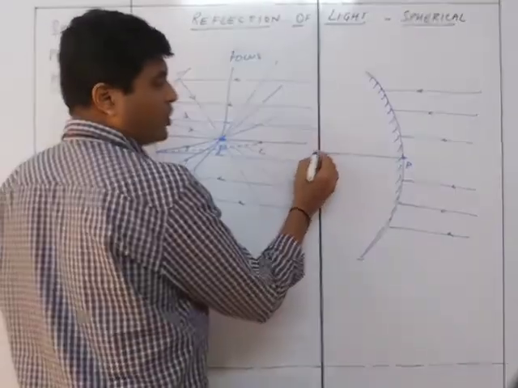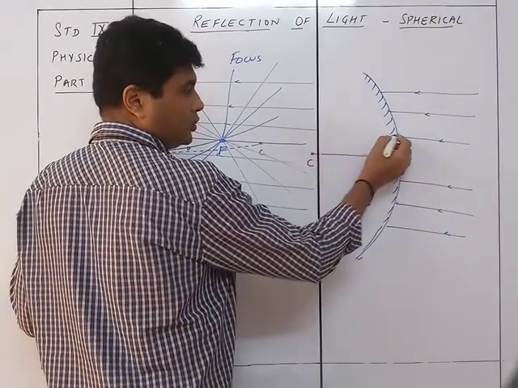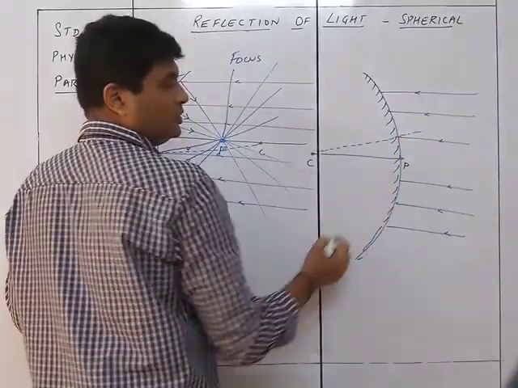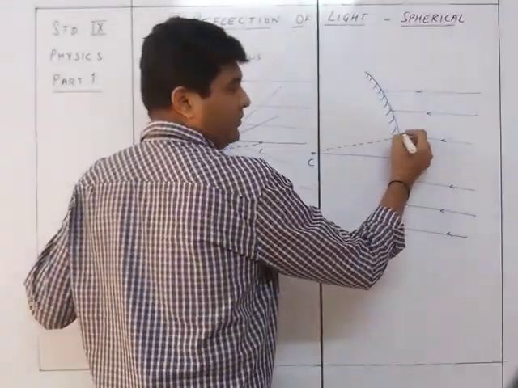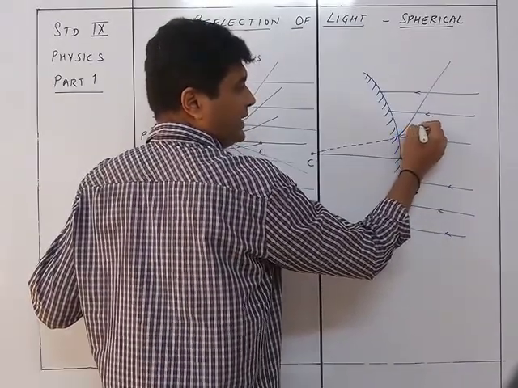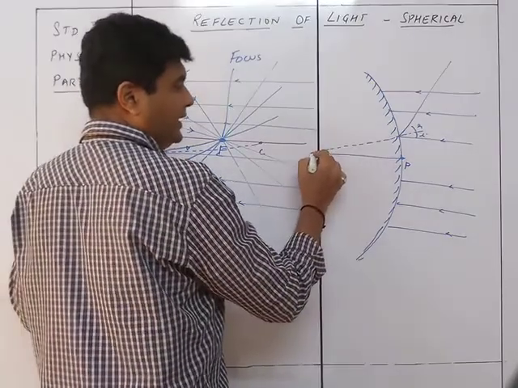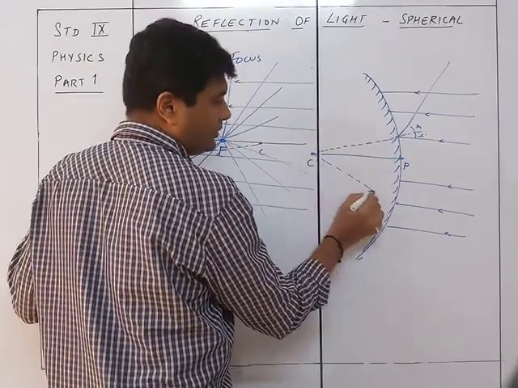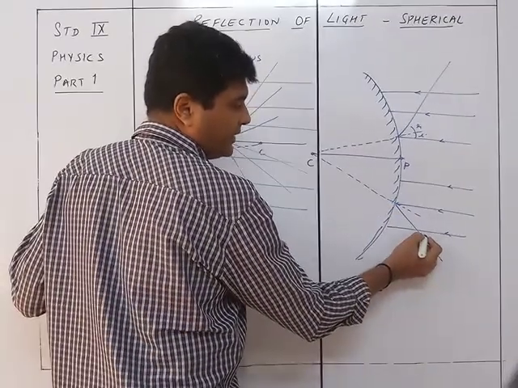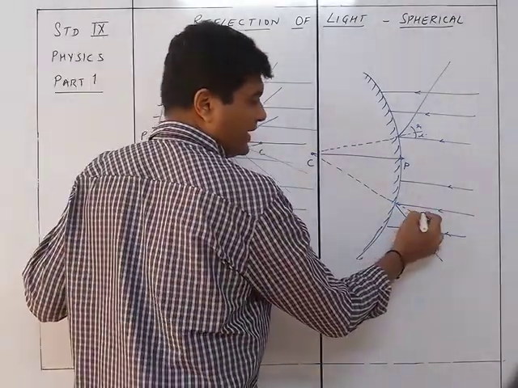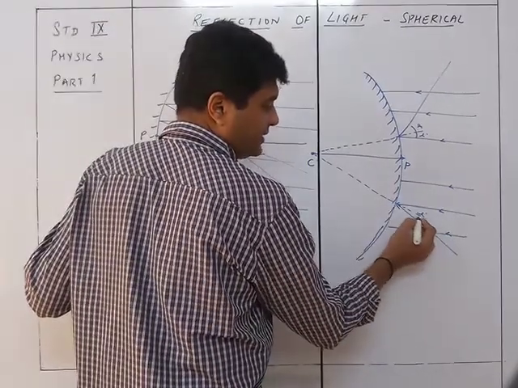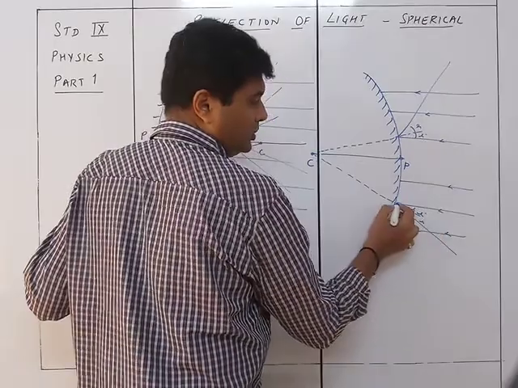So if I draw a normal to this particular point, I know that this incident ray will be reflected over here like this, because this is I and this will be R. Accordingly, if I draw it for this one, normal, then incident ray, reflected ray will be like this. So this will be I and this will be R, slightly deflected.